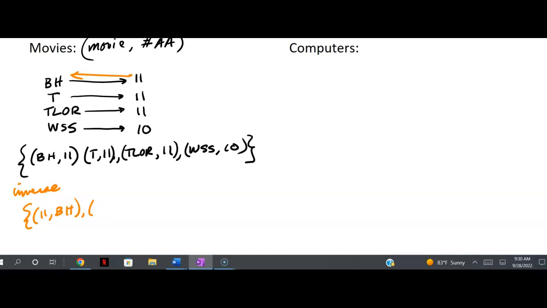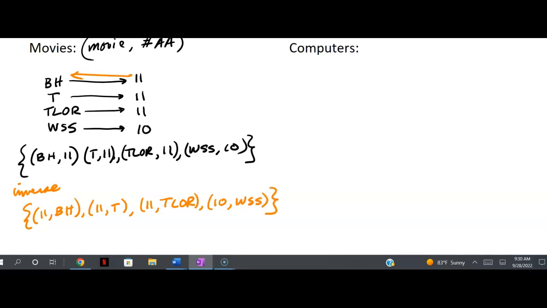So 11, Titanic, 11, and The Lord of the Rings, and West Side Story. Nope, did it again. That's what I get for not looking at it. 10, West Side Story. Okay.